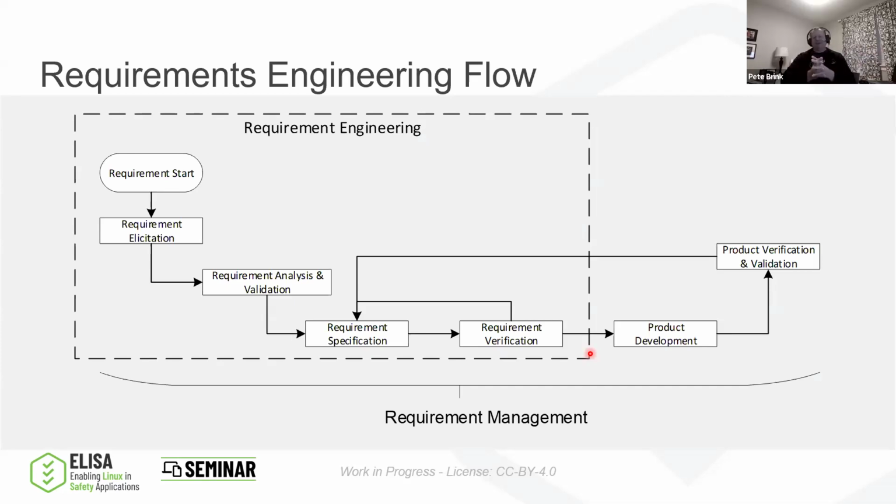But then we have a thing called requirements elicitation. Elicitation is where we go talk to the stakeholders, the customers who are going to be using the product that you're developing. In the case of open source, this may not be possible, but it might be possible on a mailing list to elicit a set of expectations about the system or the operating system or whatever it is that you're developing, and come up with what people want and why, and capture that information.